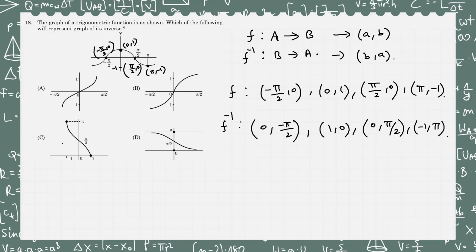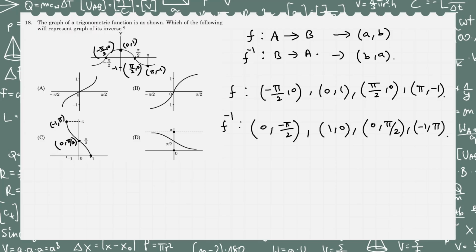Seeing graph C, what is this point here? Its x value is minus 1 and its y value is pi, right? So this particular point is minus 1 comma pi. And look at this point. Now this point lies on the y-axis, so it can be considered 0 comma pi by 2. And look at the third point here.